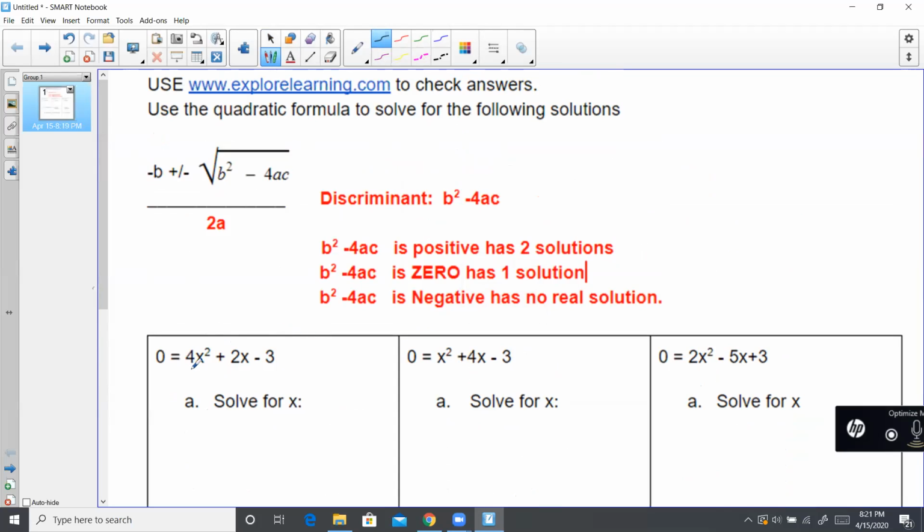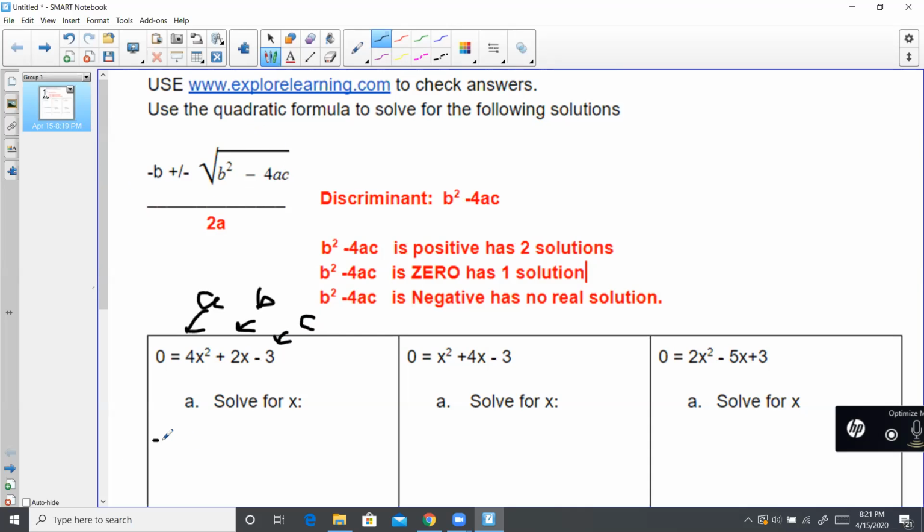So the deal is, if you look at this quadratic, this right here is the A, this right here is the B, and this is the C. We're going to use the quadratic formula up here.